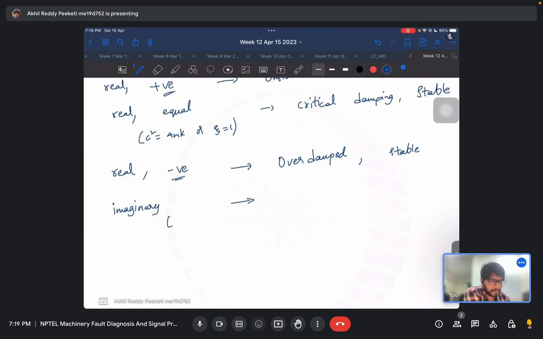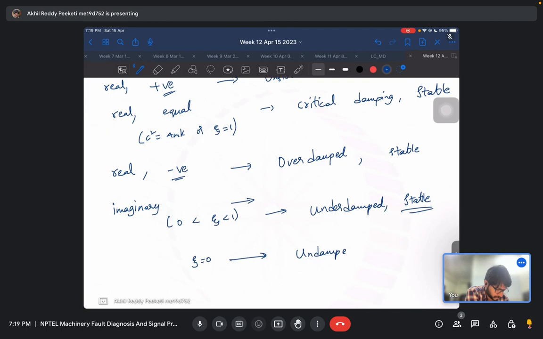So 0 less than zeta less than 1, then it would be an under damped stable system. And if zeta is 0, then it would be an undamped system, which is asymptotically stable.